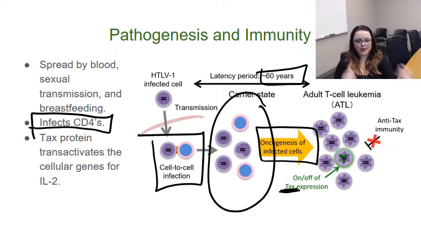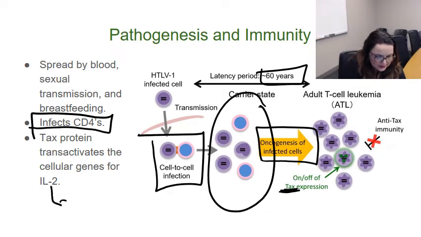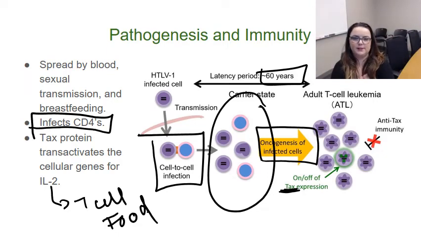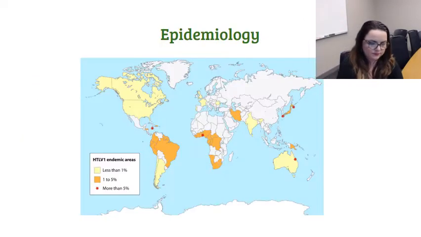What is IL-2 again? IL-2 is T-cell food, right? Anytime we have a lot of IL-2, I want you to think of your T cells just proliferating like crazy, and that's what happens. That's why we develop this leukemia, because we suddenly get mass proliferation of our T cells.